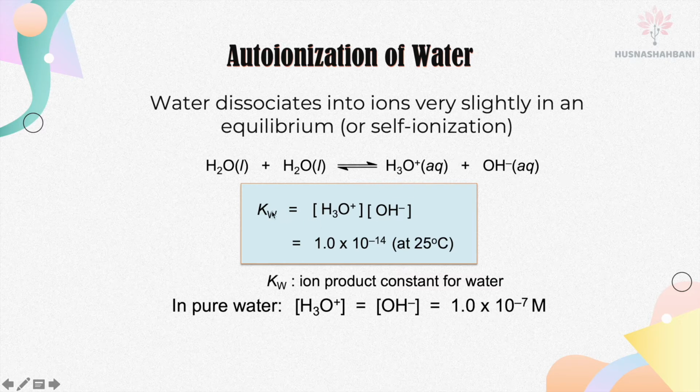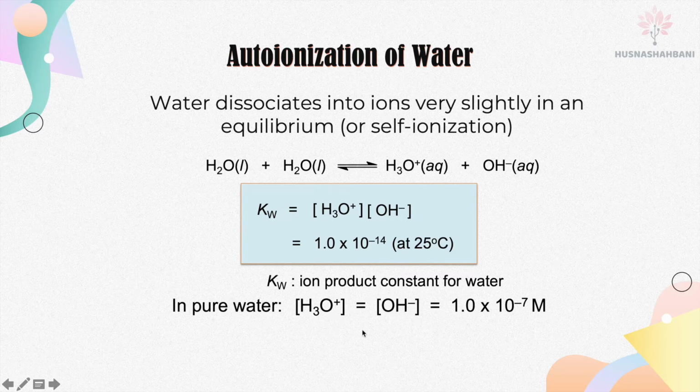This is the Kw constant, the ion product constant for water. The concentration of H3O+ times the concentration of OH- equals 1 times 10 to the power of negative 14 at room temperature. This means in pure water, the concentration of H3O+ is equal to the concentration of OH-.